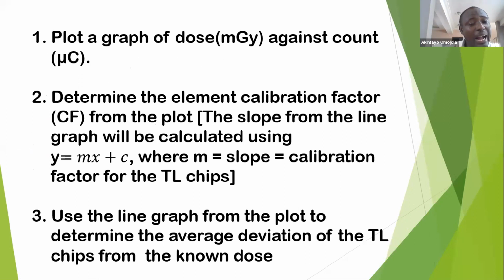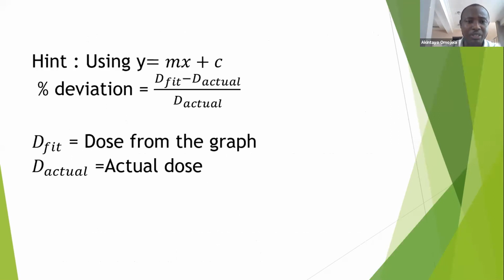You are going to say y is equal to the first TL count. Your x is going to be your calibration factor multiplied by your first TL count plus your intercept. That gives you something close to your first dose. You understand me?